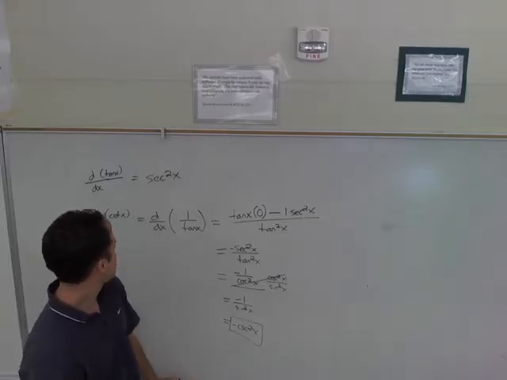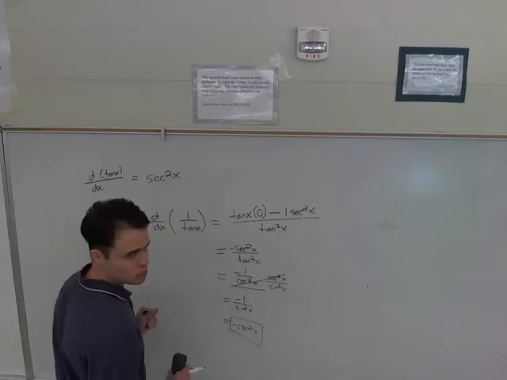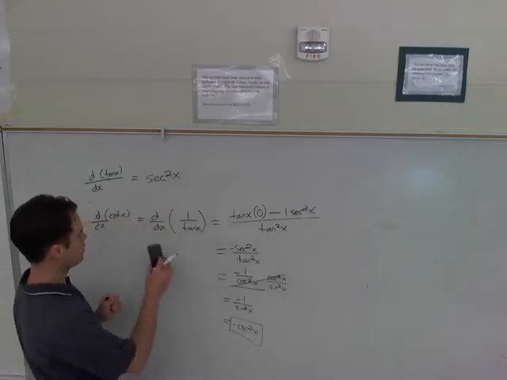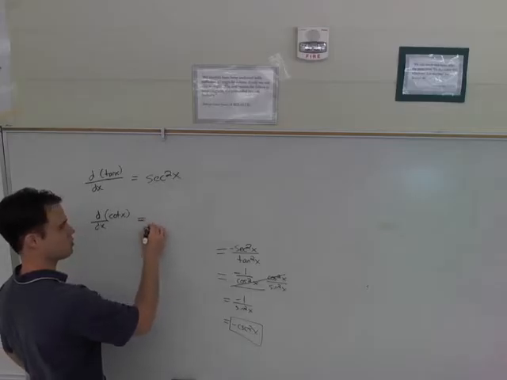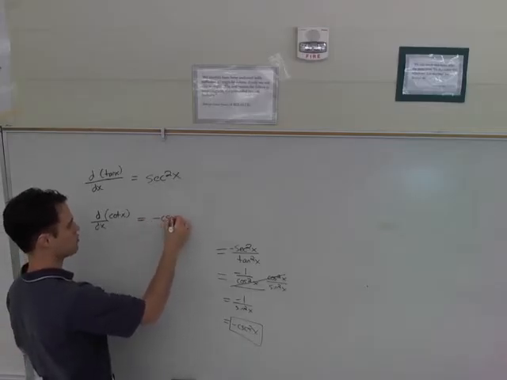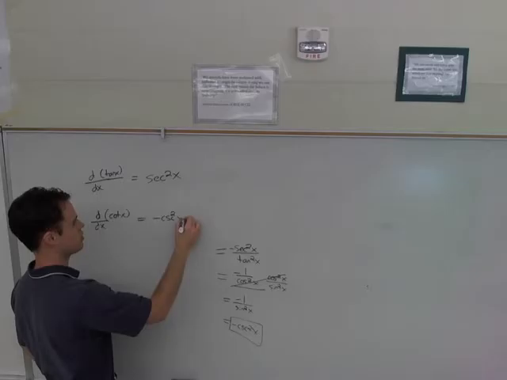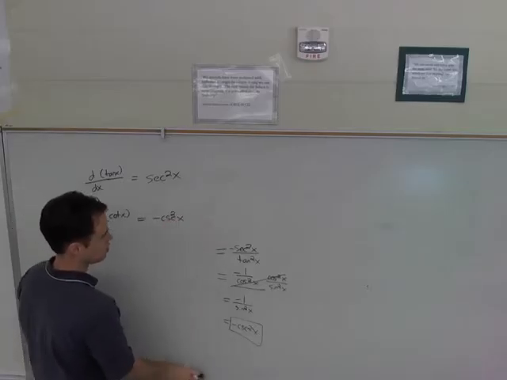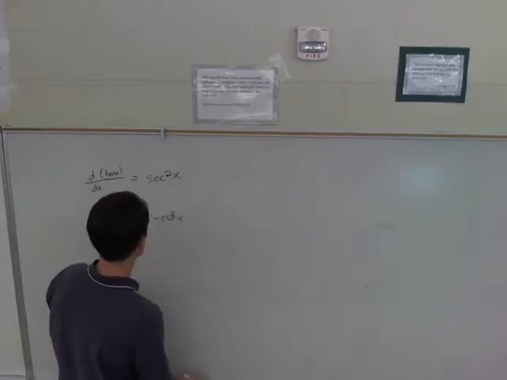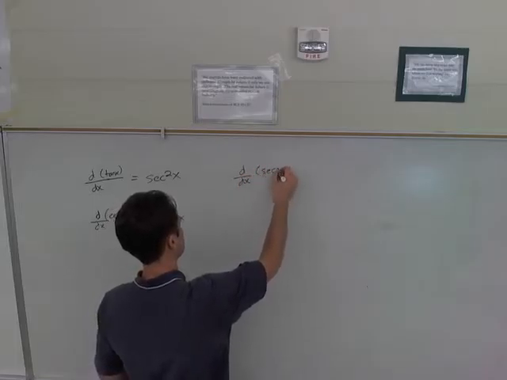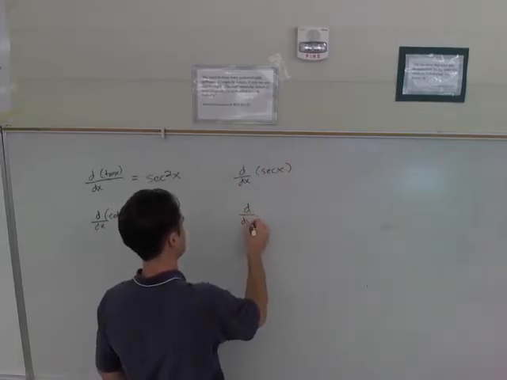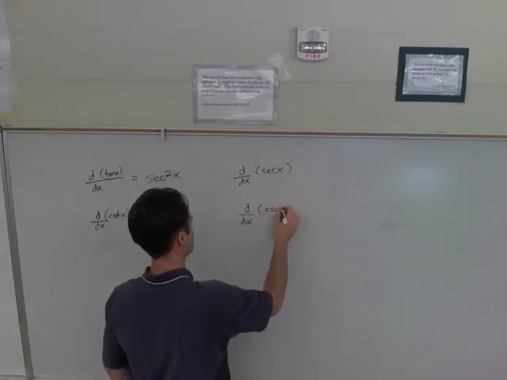Okay. So we've got in our library of derivatives, the derivative of cotangent is negative cosecant squared x. Okay, likewise we could show that the derivative of secant, and we also need the derivative of cosecant.